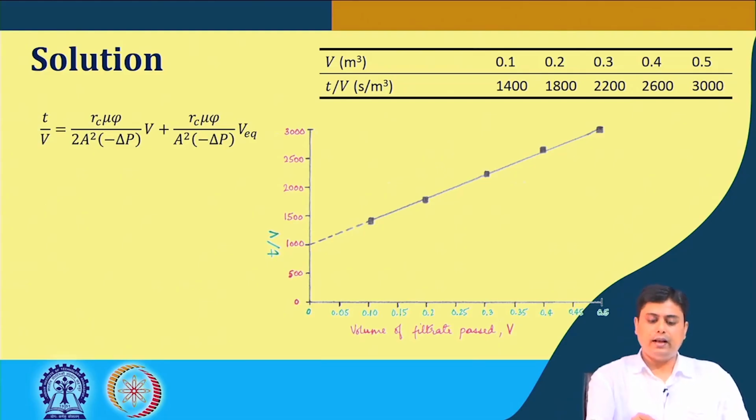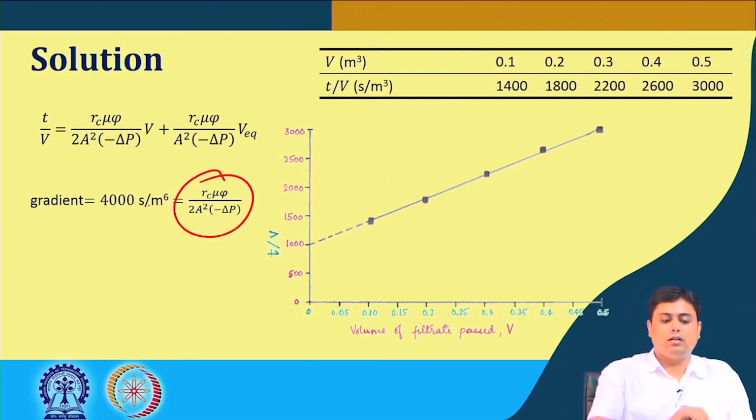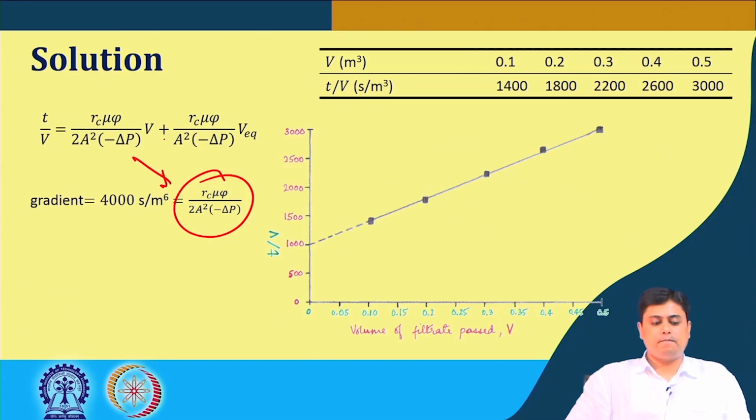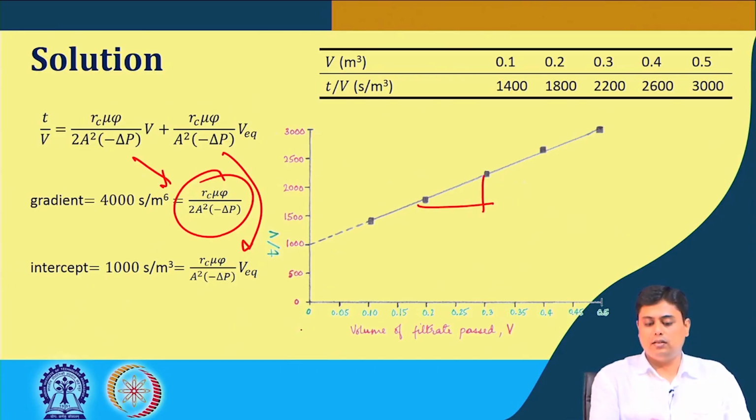The point here is that we have all these points and this y equals mx plus c. The gradient would give us the parameter m, and the intercept, which is this one, the c component. So from this graph we can easily find m and the intercept.